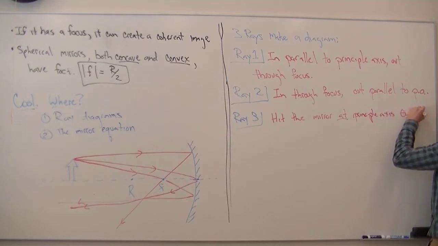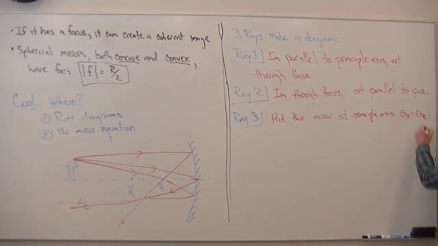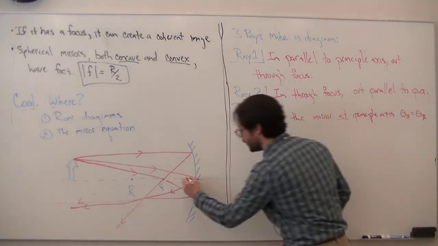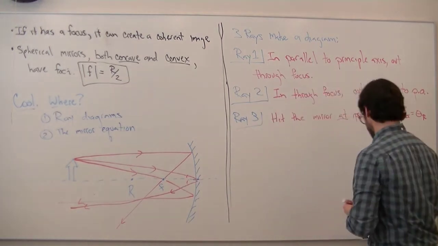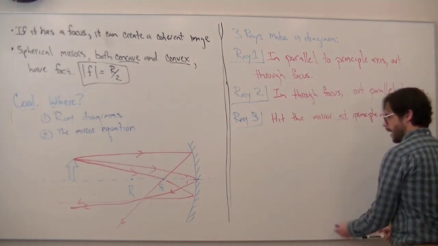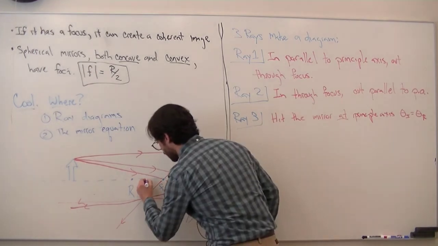And then not using the focus, just directly appealing to the fact that the angle of incidence equals the angle of reflection, so these 2 would be equal. Okay. So I have an image.